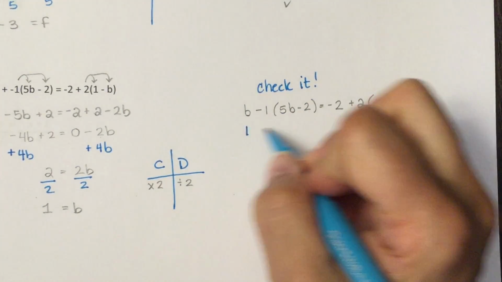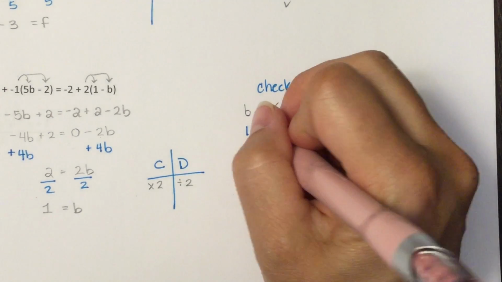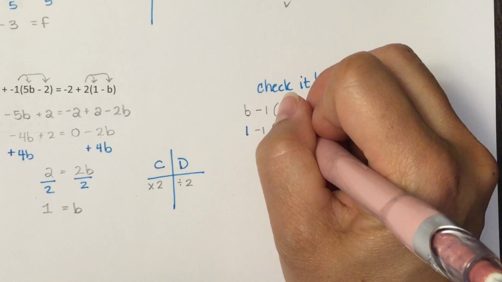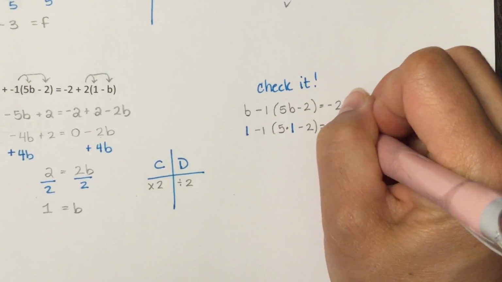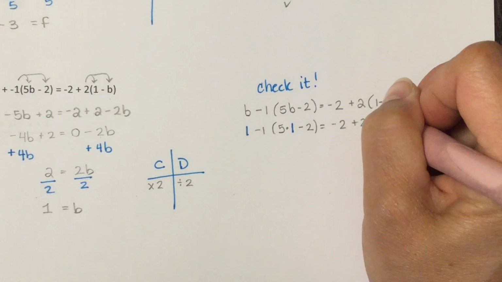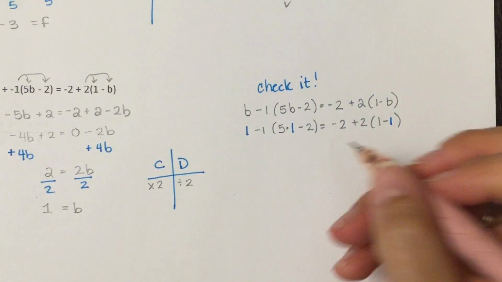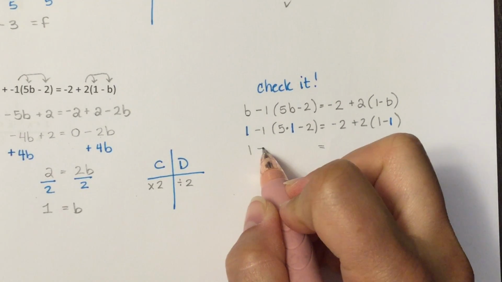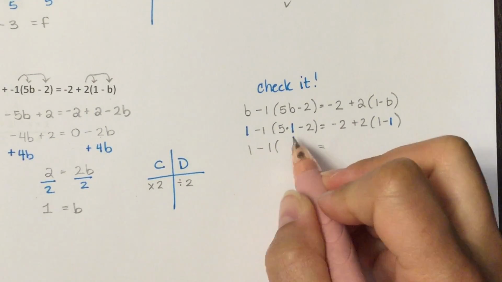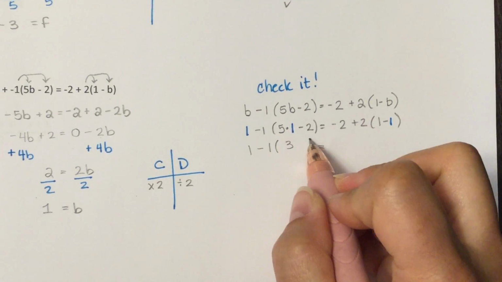So b is 1, so wherever I see a b, I'm going to put a 1. Equals minus 2 plus 2 times 1 minus... Over here on the left, I have 1 minus 1 times 5 times 1 is 5, minus 2 is 3.